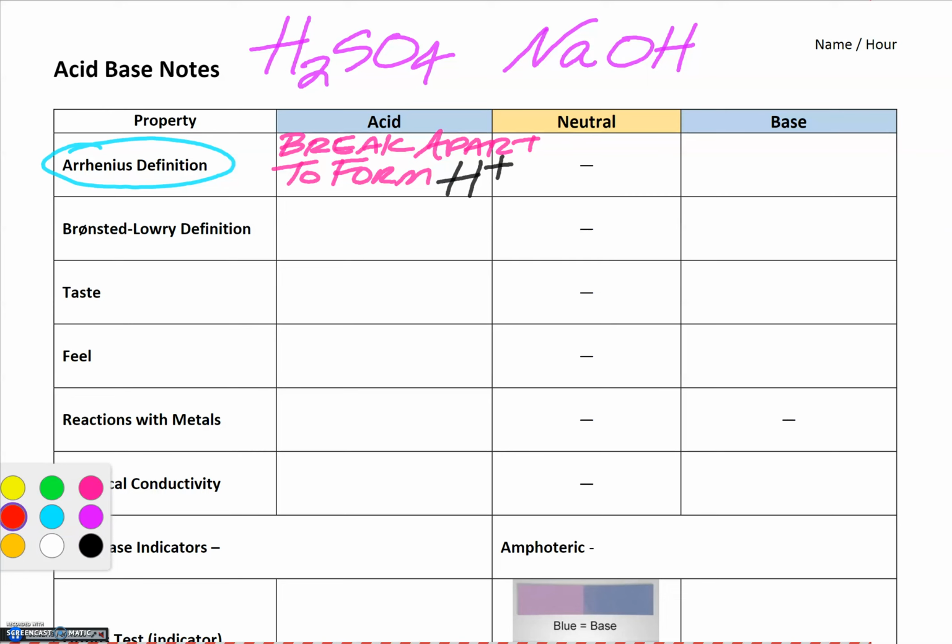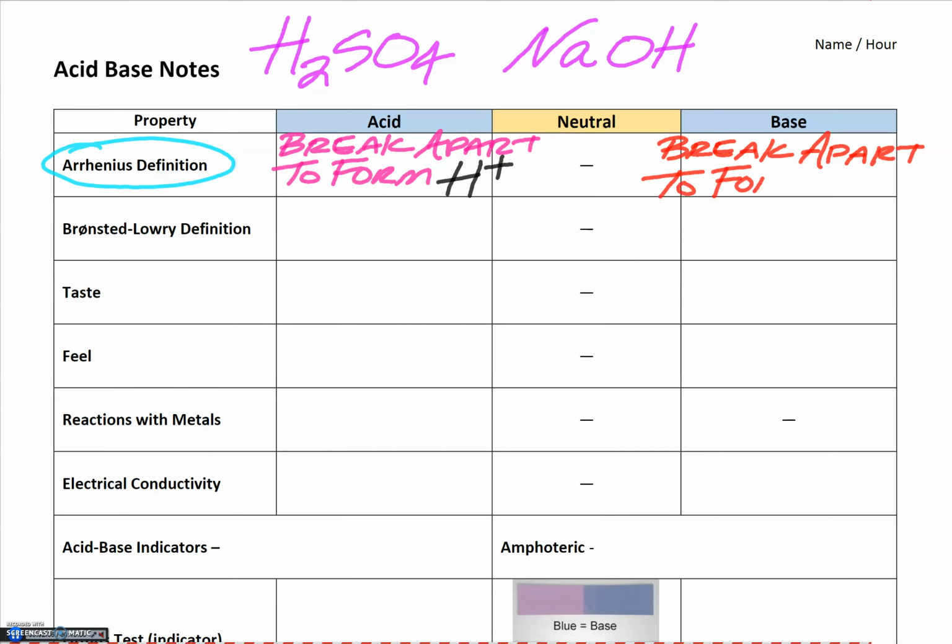The base is going to do the same thing. It's going to dissociate or break apart. Dissociate is the fancy word that means it comes apart in water, but for you guys, break apart is probably the best way to say it. So break apart to form, and then instead of a hydrogen ion, we're going to make the hydroxide ion, OH minus.